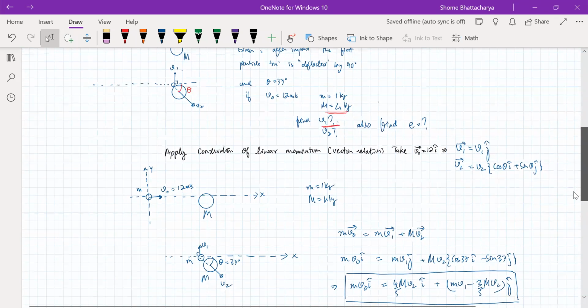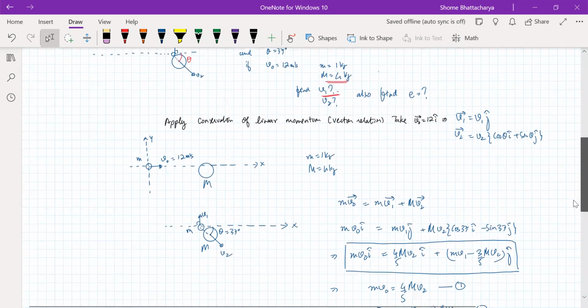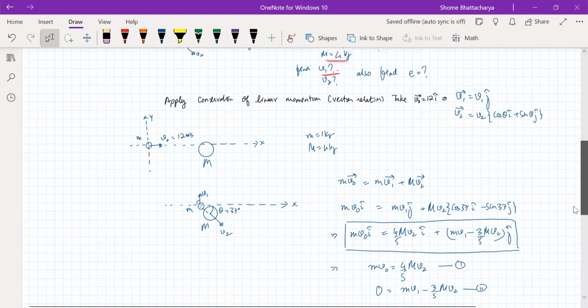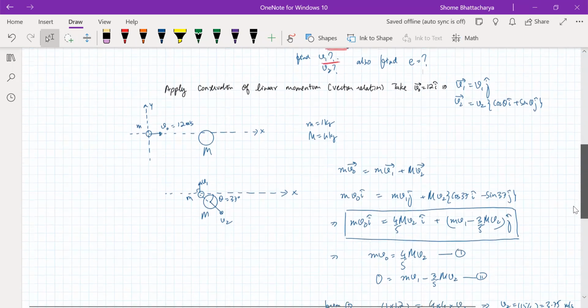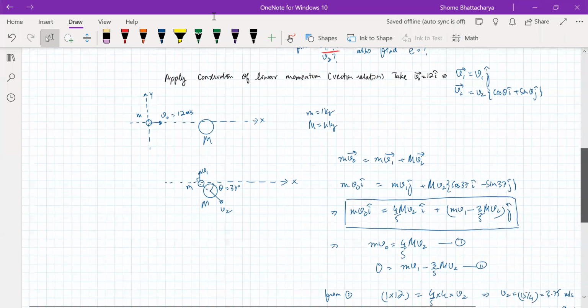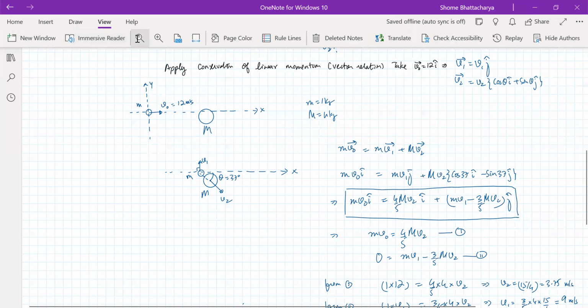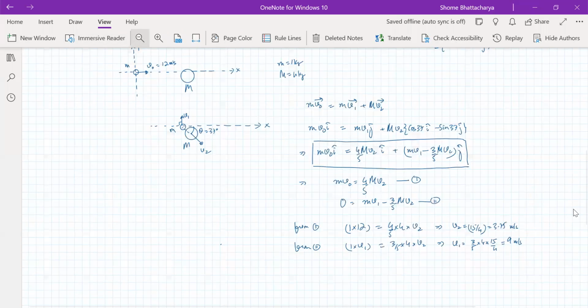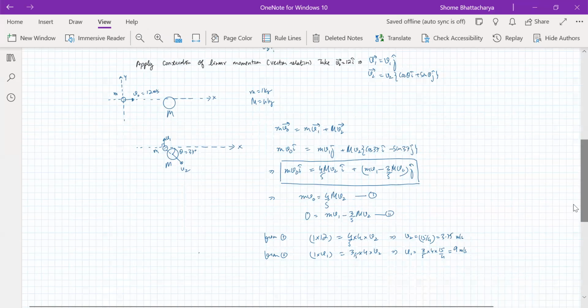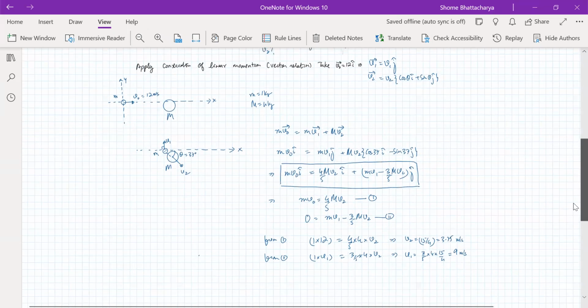First, just go through this part, the conservation of momentum. Just the application of conservation of momentum is giving us the solution to the first part, which is V1 and V2. Two unknown quantities, so two equations required. Those two equations we are getting from the individual components of the momentum conservation equation.